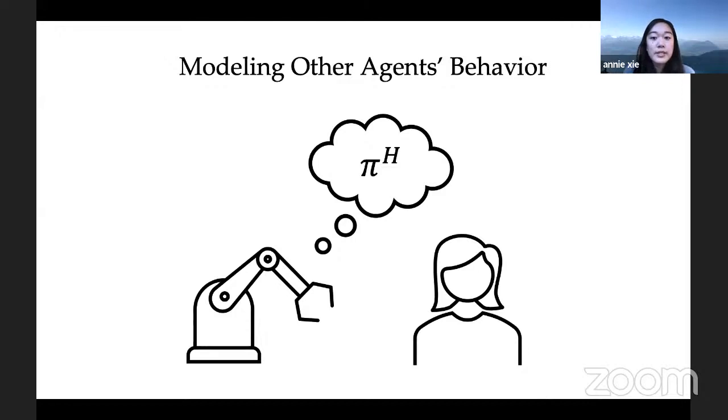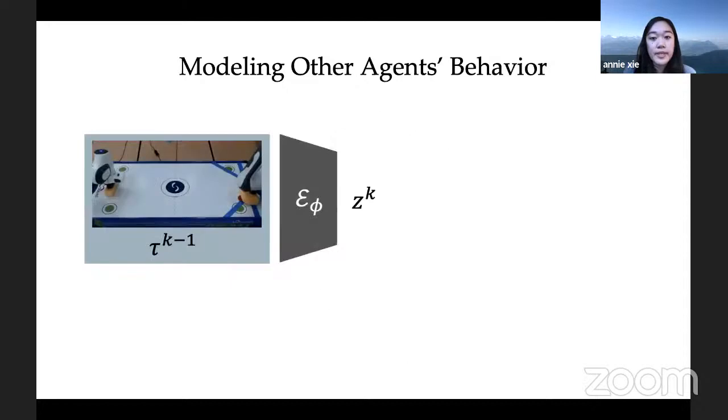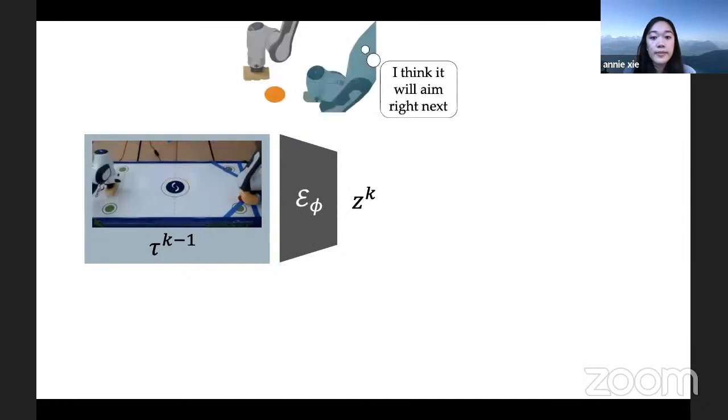For the robot to be able to adapt to the other agent, it first needs to model how its behavior is changing. While prior work focused on estimating the policy of the other agent and how that changes, our approach instead learns a high-level representation of the other agent, which can change over time. To learn this representation from data, we train an encoder that takes in the previous interaction and predicts the next interaction's latent strategy.